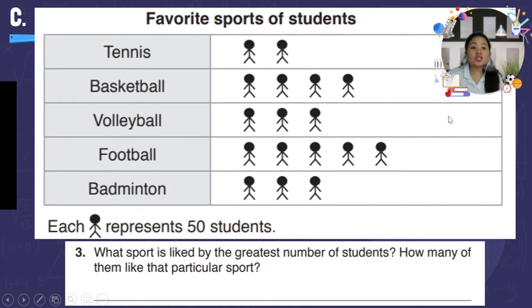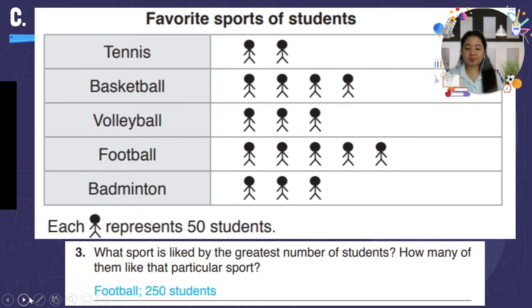That is football. How many of them like that sport? Let's count. 50 plus 50 is 100, plus 50, 150, plus 50, 200, plus 50, 250. So the answer in number 3 is football, and 250 students.